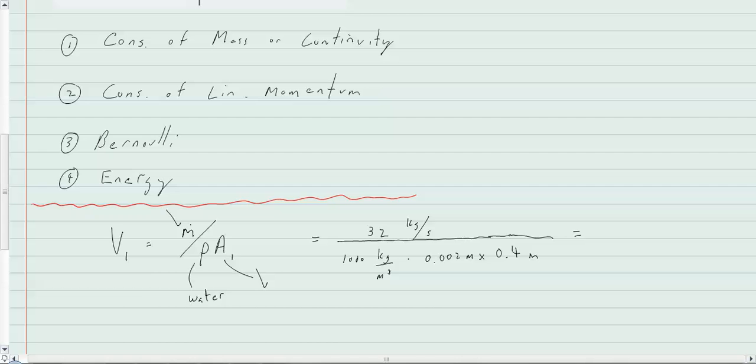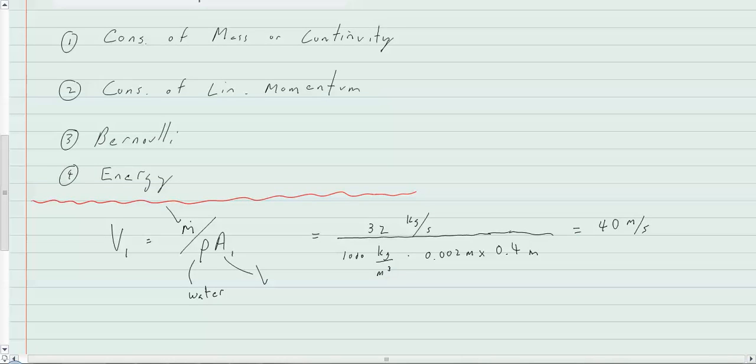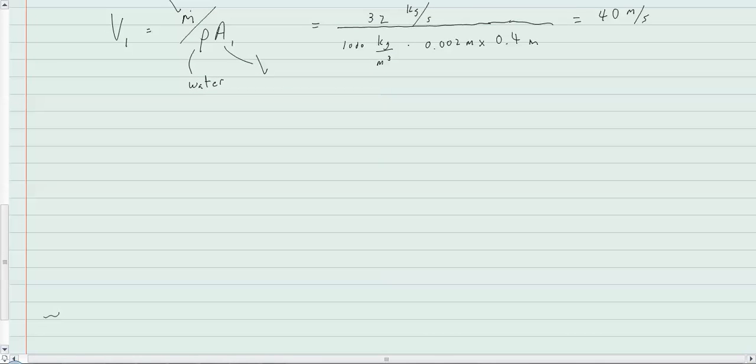When you do that calculation, it ends up being 40 meters per second. That's high speed flow ejecting from this nozzle, so to turn it, we'll take some force.